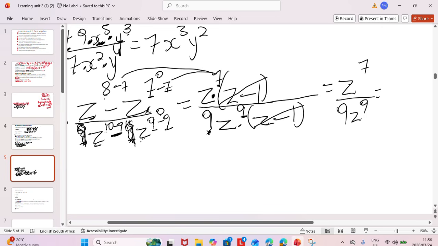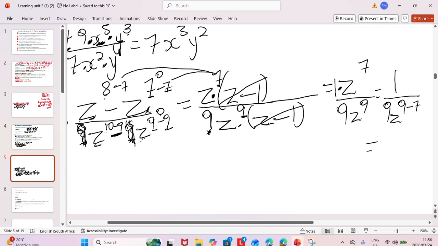How many z's do we have on your numerator? This is what you can do. Remember, this z is multiplied by 1. You just leave the 1 there alone on the numerator, divided by 9z to the power of 9. You are going to take the positive 7 from the numerator to the denominator. 7 will change into a negative 7.